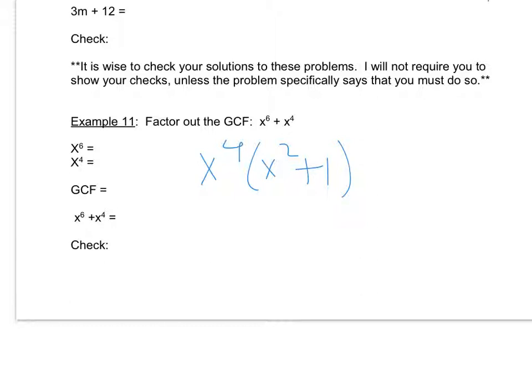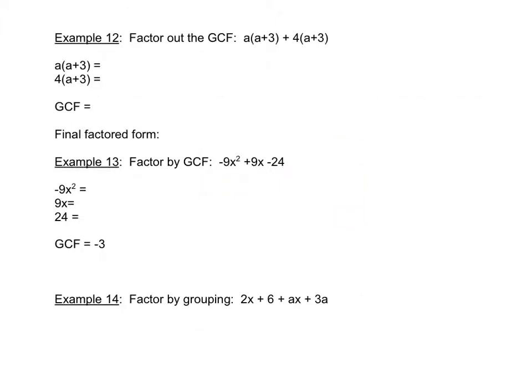Alright, let's keep going. Now here is where they're factored by grouping. See how the a plus 3 and the a plus 3 are there? Well, if I pull out the a plus 3 from each, you get a plus 3 and then a plus 4. So what's the greatest common factor here? Well, the only common factor they have was the a plus 3.